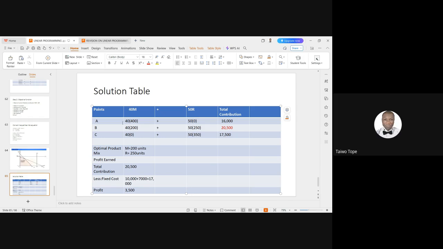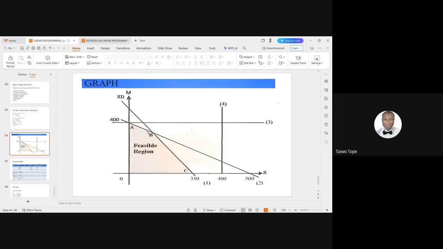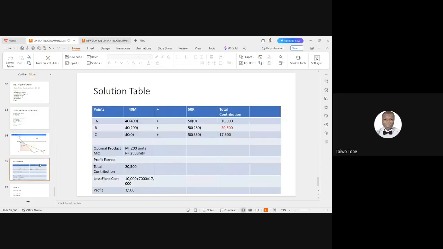From the previous class, to get your total contribution, the highest contribution, you use the various points within the feasible region to determine that. For you to determine that, you need to recall your contribution. Now, your contribution is what? 40M plus 50R.